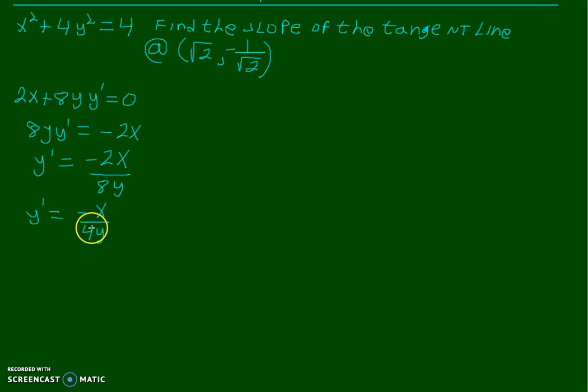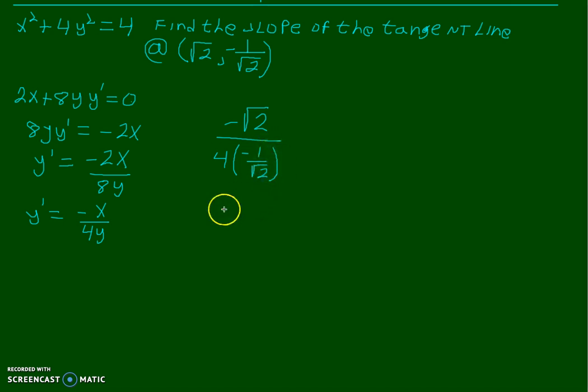Now this function gives us the slope of the tangent line of this function, and so all we have to do is substitute this value in for x and this value in for y in this expression, and we will have our slope. So we will take negative square root of 2 over 4 times negative 1 over the square root of 2.